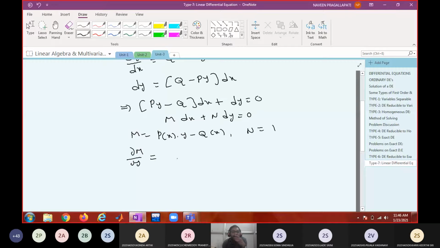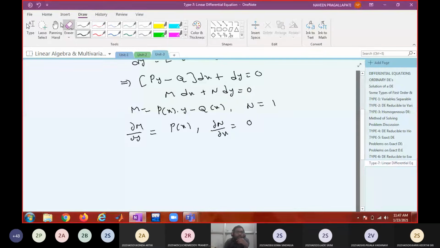Differentiating with respect to y: when you differentiate y with respect to y, you get 1, so it is P of x. Q of x, differentiated with respect to y, is 0 because you are doing a partial derivative. What is dou N by dou x? Dou N by dou x is 0.